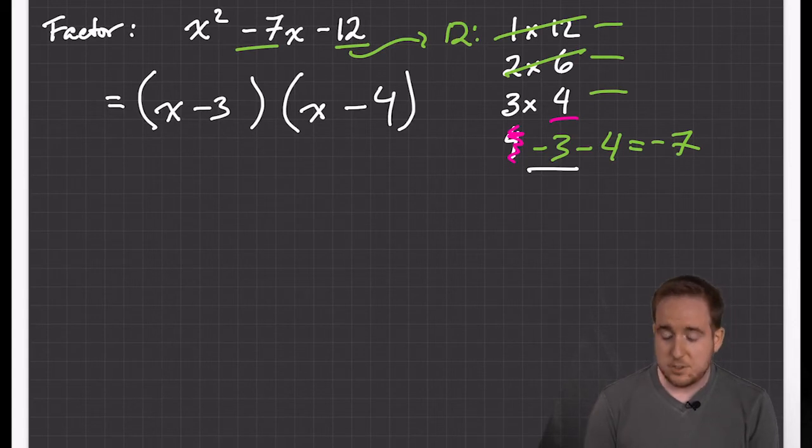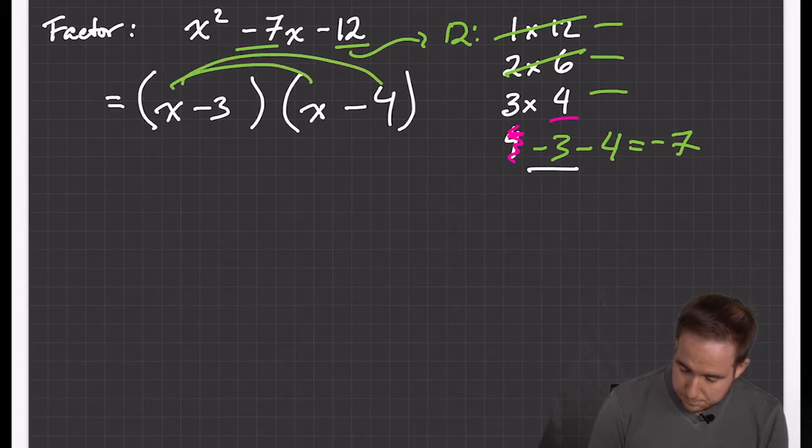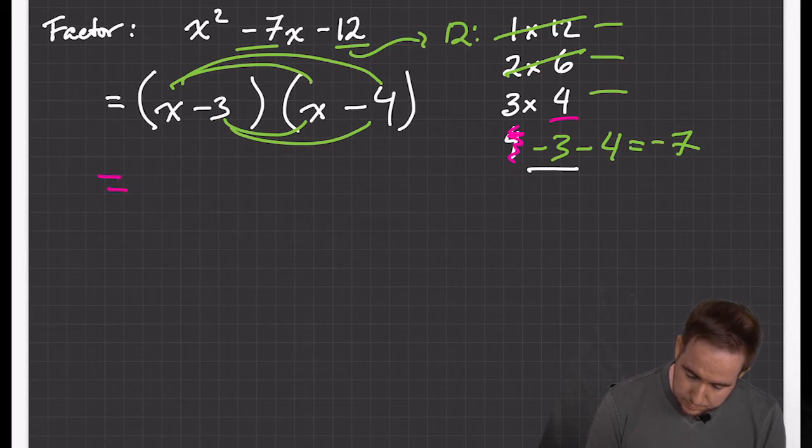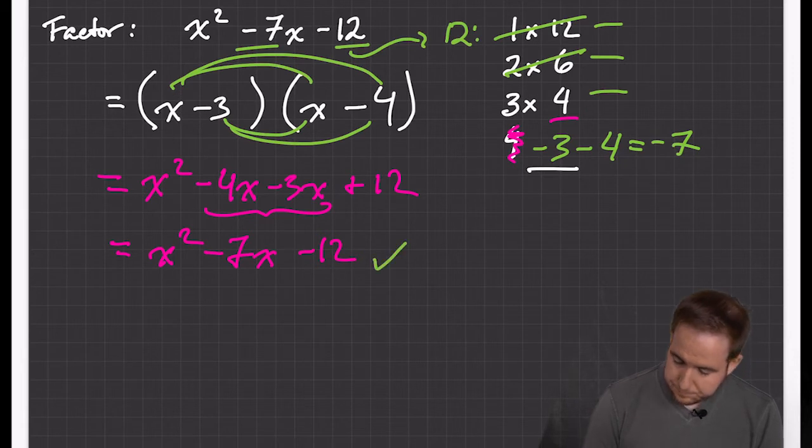Again, if you're still not trusting this random series of steps to see that it works, let's just double check to make sure. This would be x squared minus 4x minus 3x plus 12, two like terms in the middle. And yes.